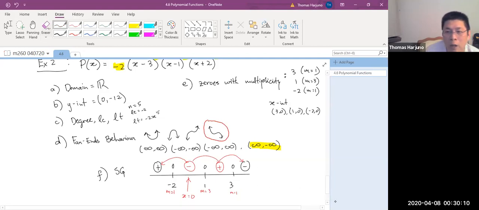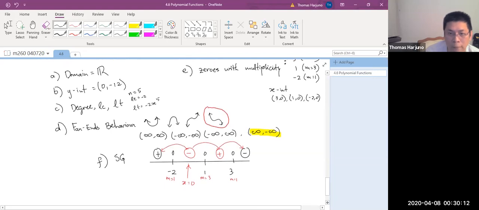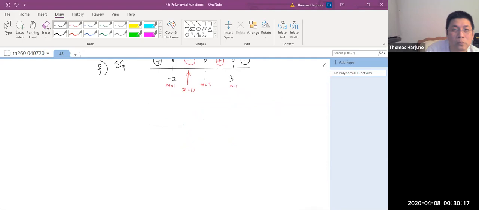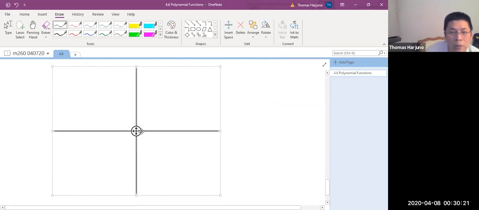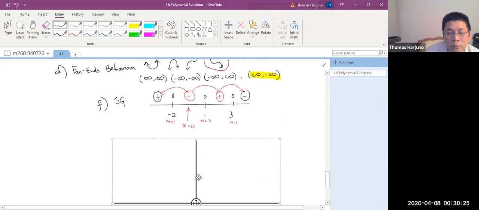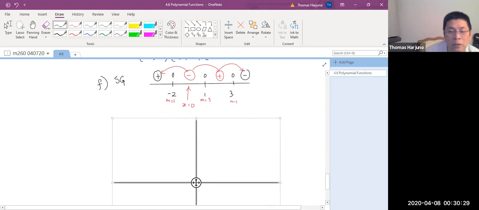Now then, how do we translate that to the graph? Suppose this is our coordinate system. The y-intercept is negative 12.